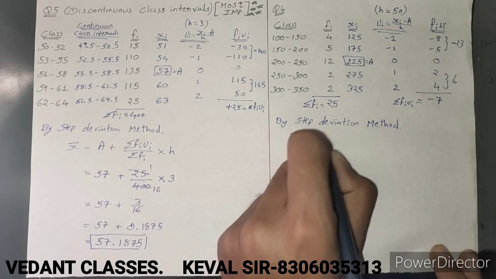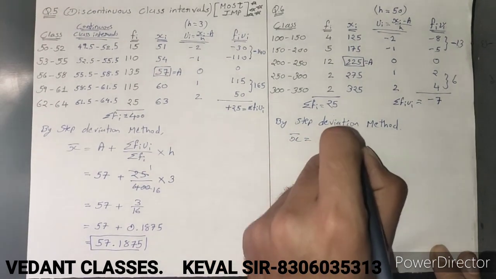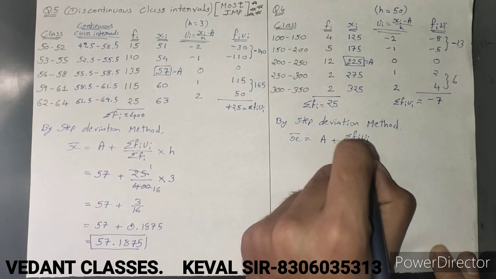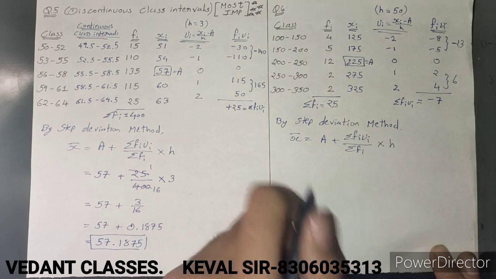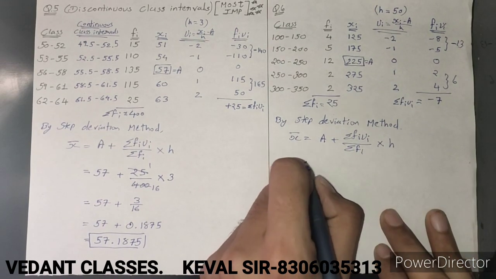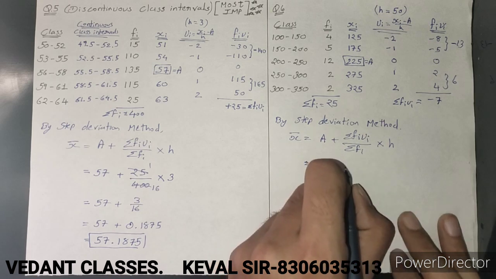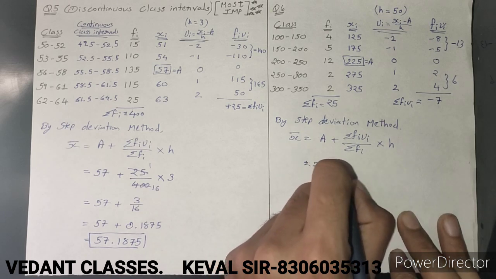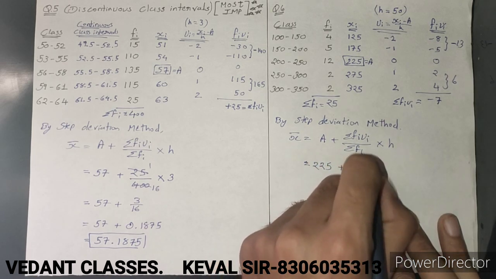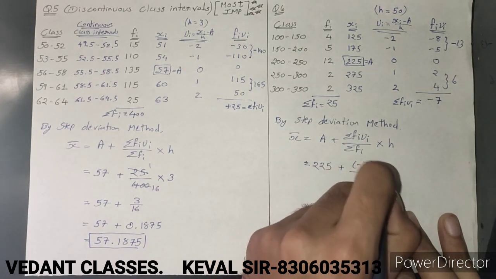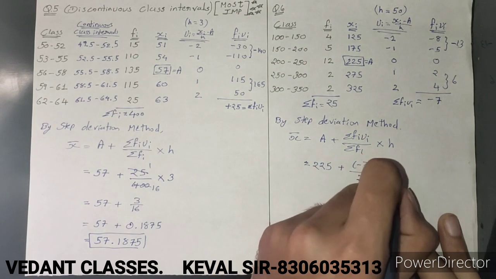x bar is equal to a plus sigma fi ui by sigma fi into h. So value of a is 225, sigma fi ui, so that is plus in bracket minus 7 upon sigma fi, so this is 25 into h, the value of h is 50.